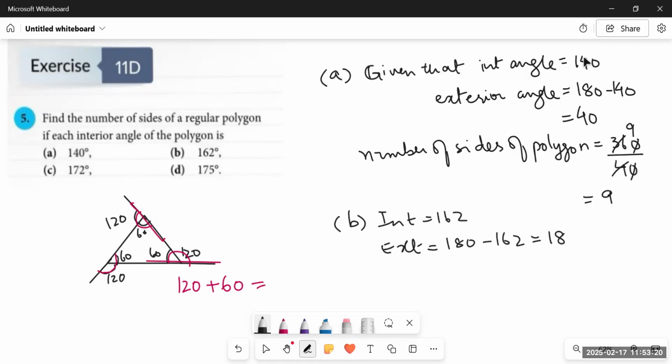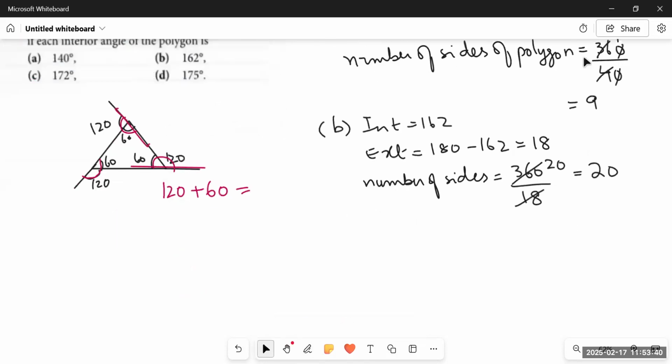We will simply find the number of sides. For that, we divide 360 by 18. 18 ones are 18, 18 twos are 36. So the number of sides would be 20. That's it.